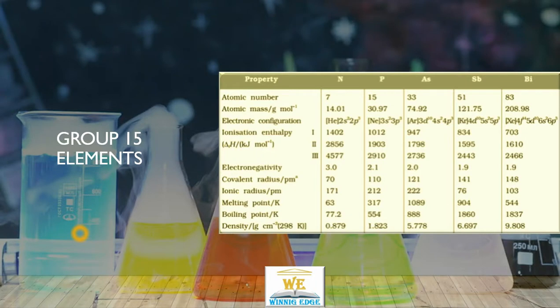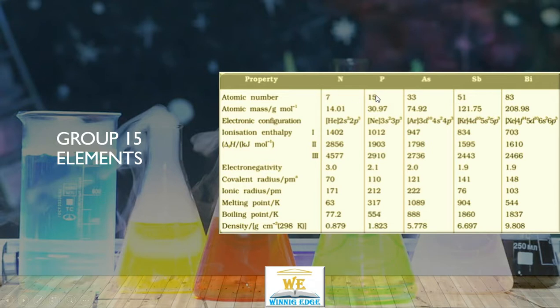To start with, we will talk about the properties of group 15 elements. Among the properties we will discuss atomic numbers first: 7, 15, 33, 51, 83. So remember the magic rule: 2, 8, 8, 18, 18, 32, 32.